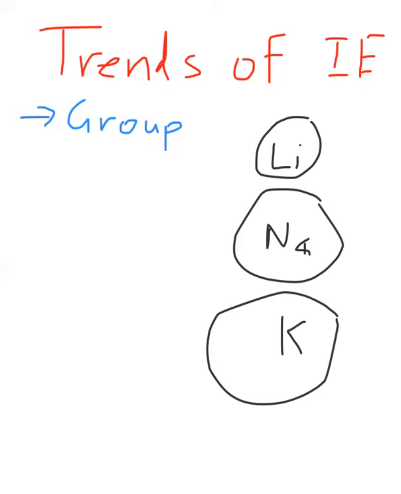Now, to explain this further, we'll take the concept of screening electrons. In lithium, there are two shells, the first shell with the 1s orbital and then the 2s orbital.